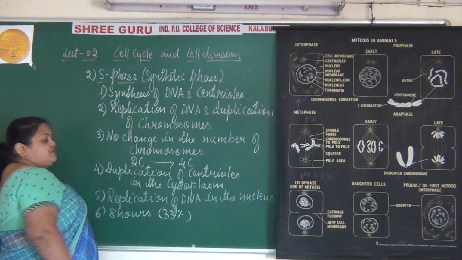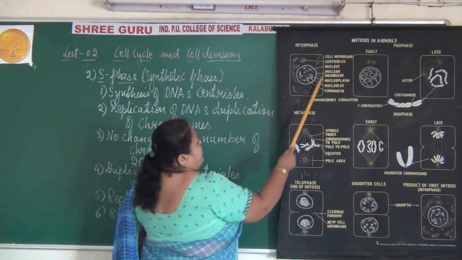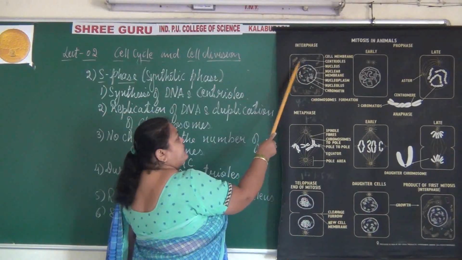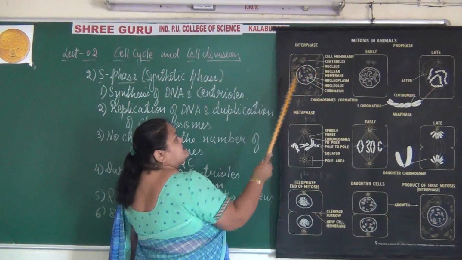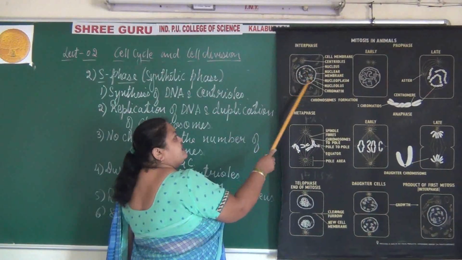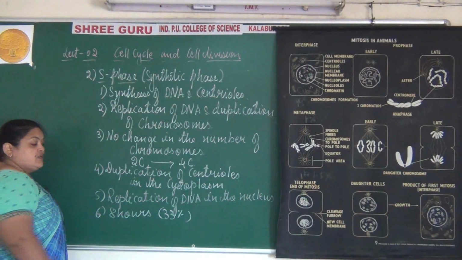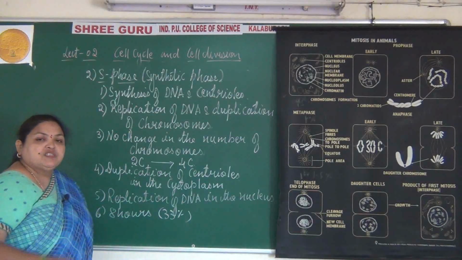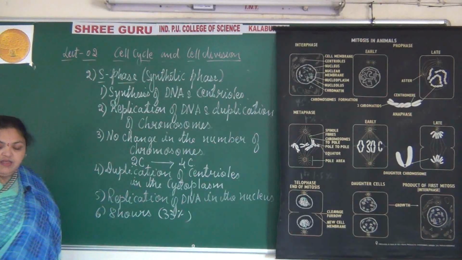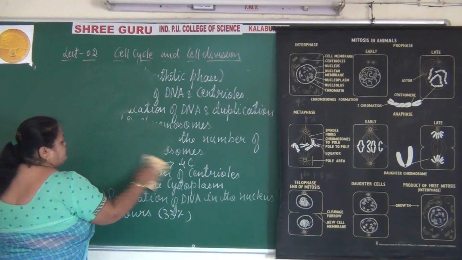Duplication of centrioles is occurring in the cytoplasm, while the replication of DNA is in the nucleus, which takes 8 hours, about 33% of the generation time. So this is about the S phase. Then coming to the next phase, that is G2 phase.